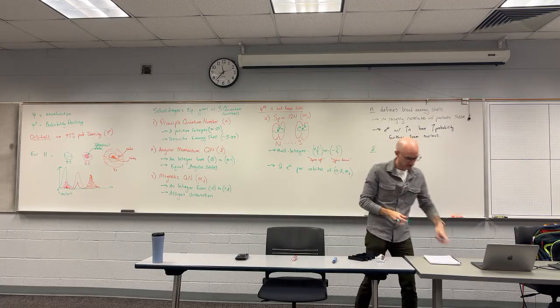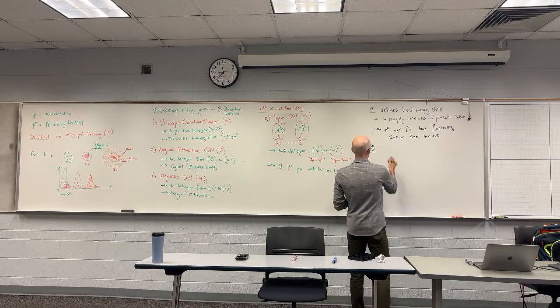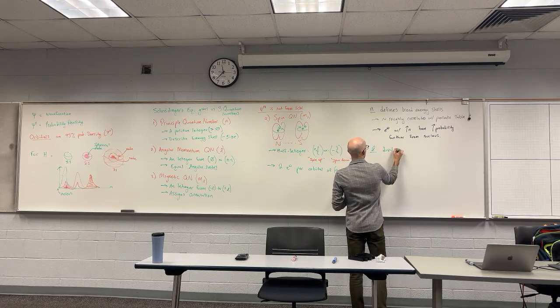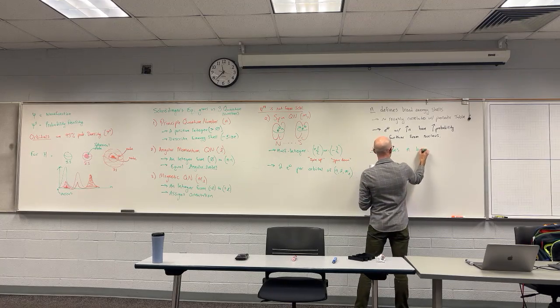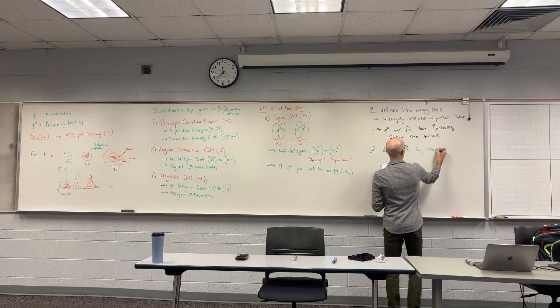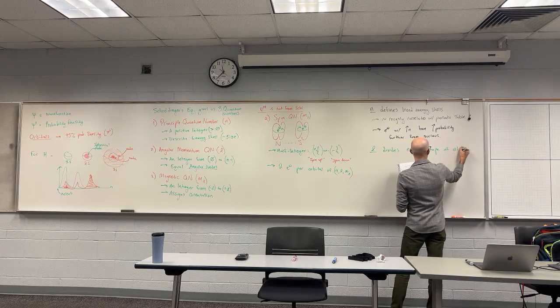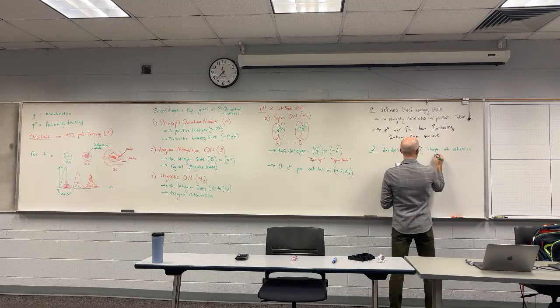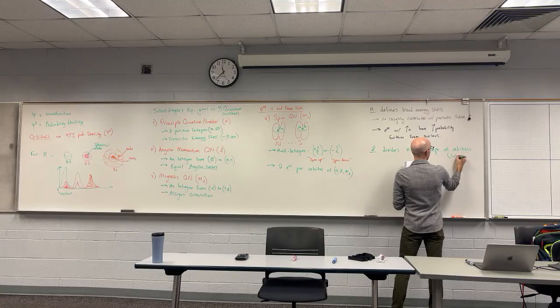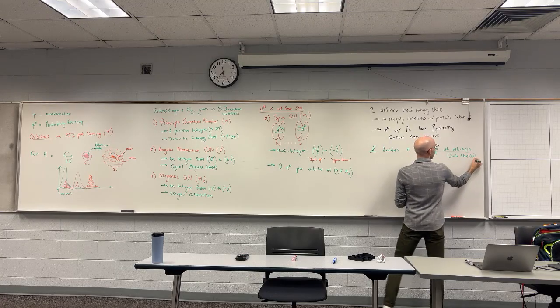L divides N by the shape of orbitals. We call these subshells.